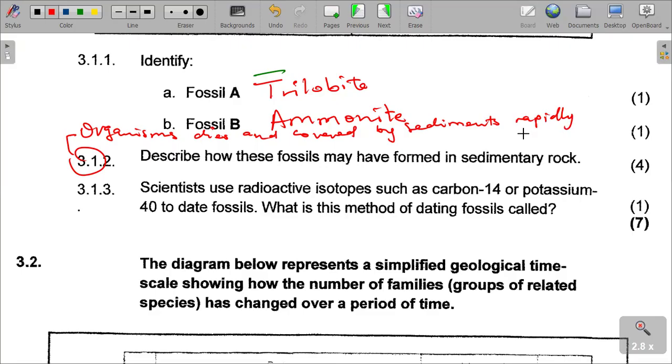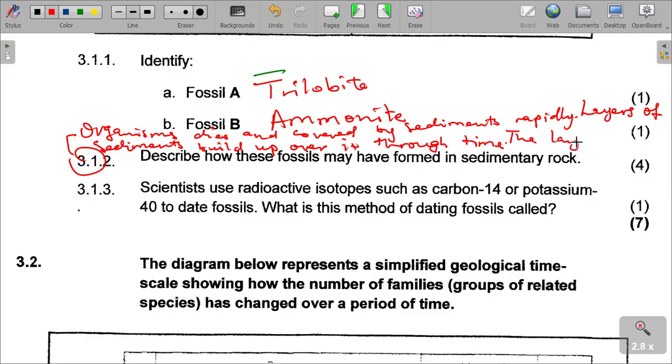And then as time passes, layers of sediments build up over it through time. Yes, and then the layers compress and pressure builds up.